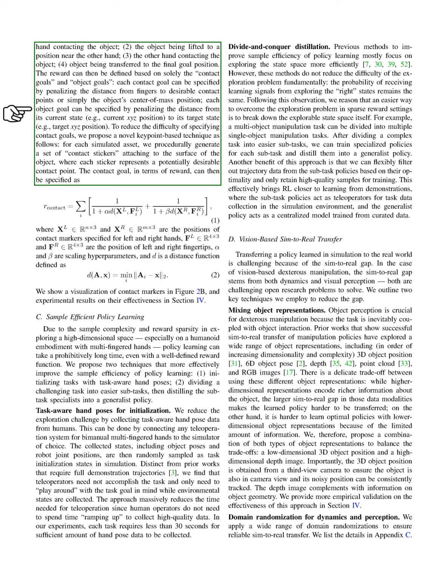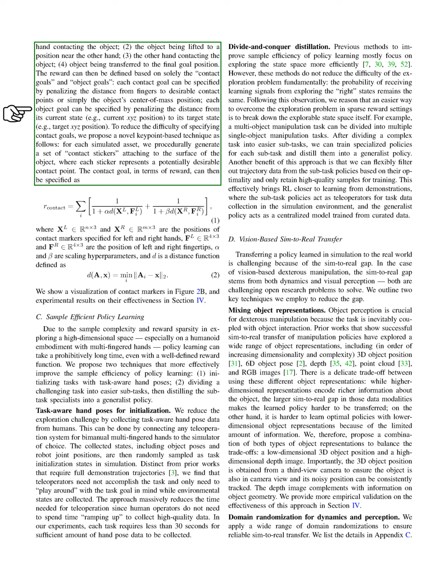For instance, in a handover task, we can identify steps like one hand touching the object, lifting it, the other hand making contact, and finally transferring it to the goal position. We define rewards based on contact goals and object goals. Contact goals can be set by penalizing the distance from fingers to desired contact points or the object's center of mass.